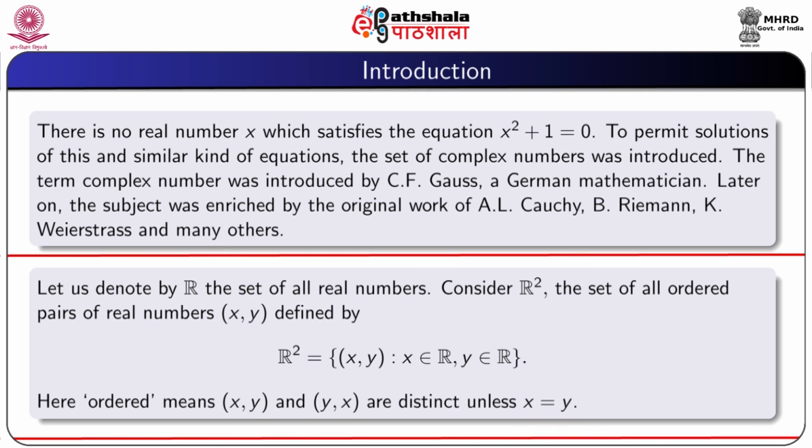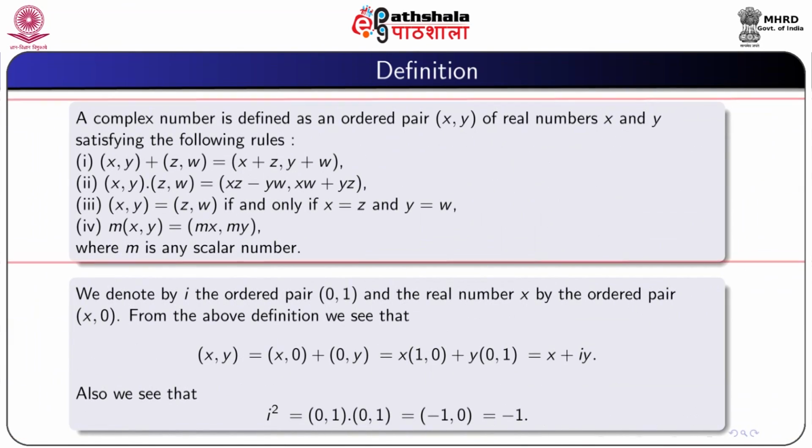Now we give the definition of complex number. A complex number is defined as an ordered pair (x, y) of real numbers x and y satisfying the following rules. Number 1, (x, y) plus (z, w) is equal to (x plus z, y plus w).